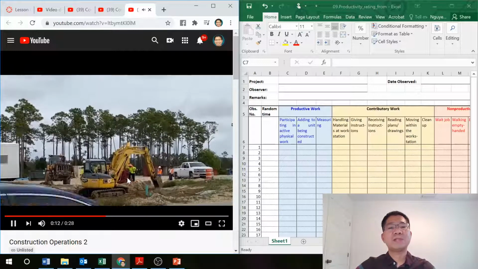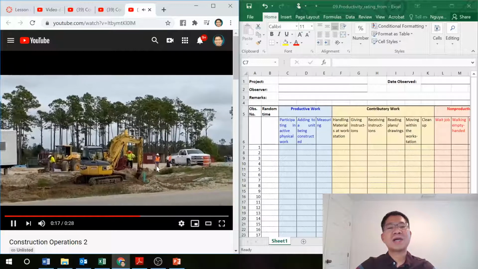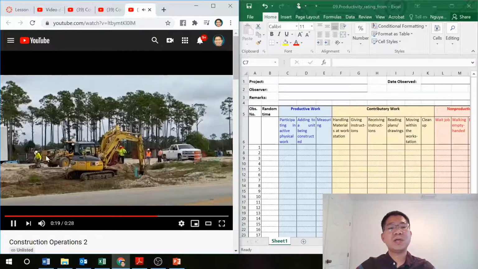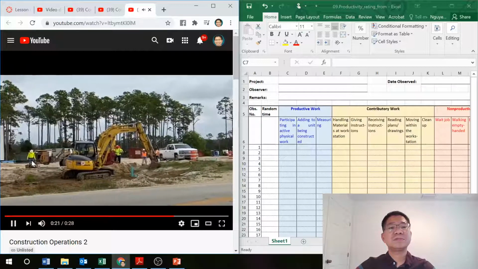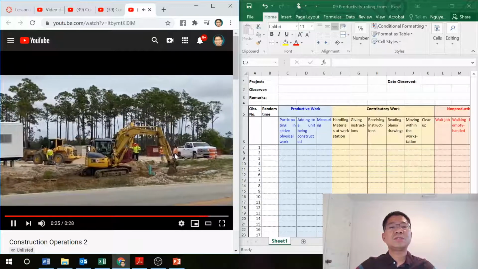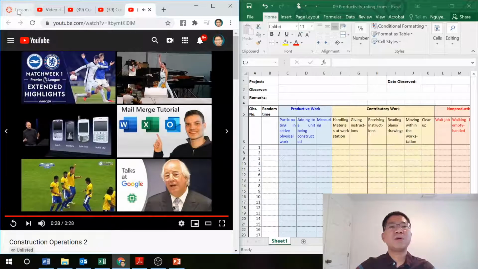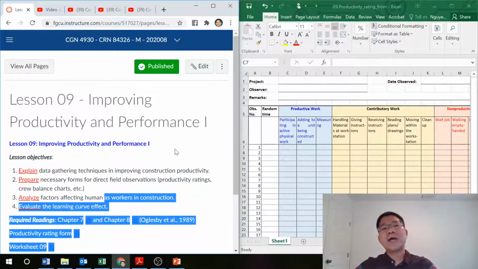At this point, only about 20% are productive: of 4 members, this one member is doing the work, and these 3 members are just waiting and watching what the excavator operator does, so only one is really productive.